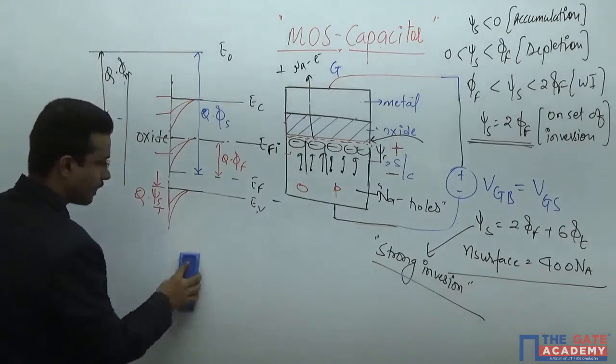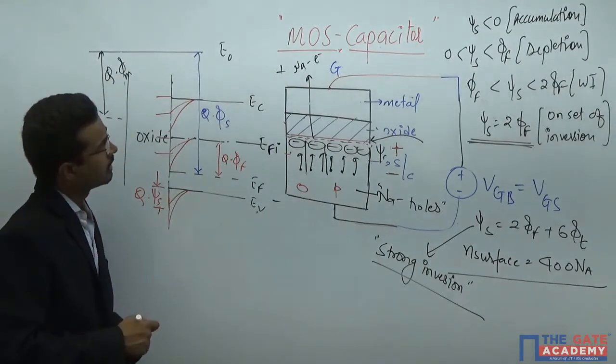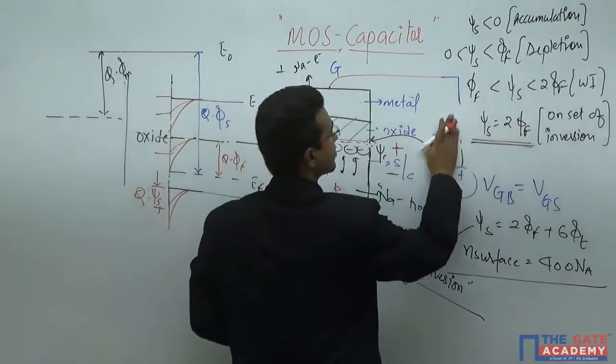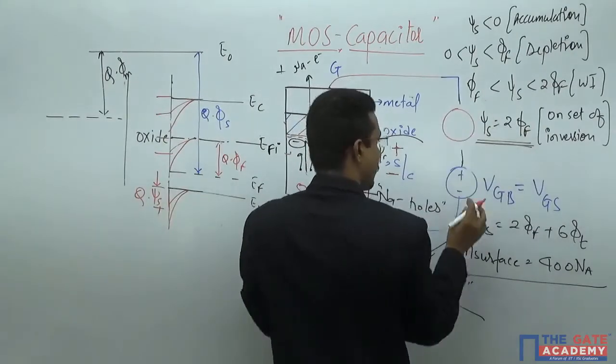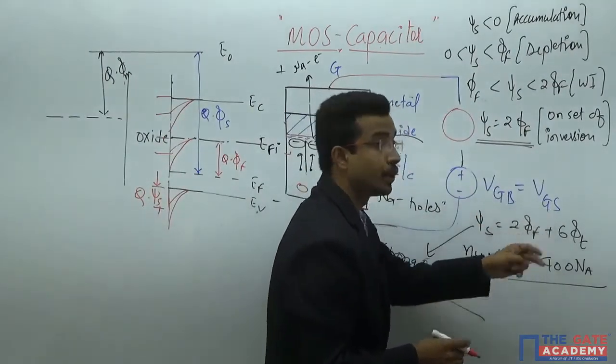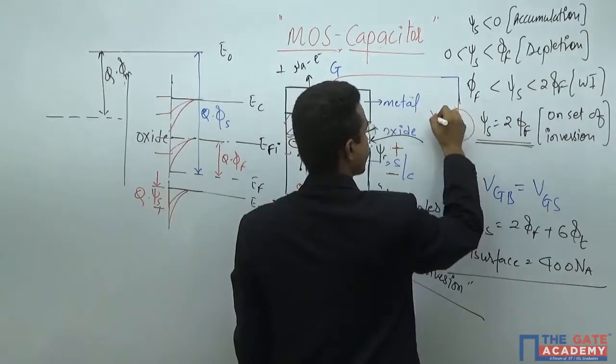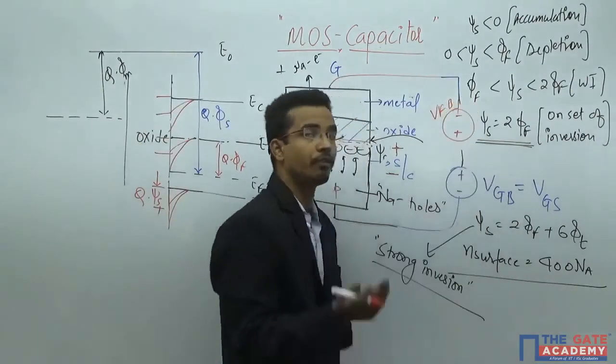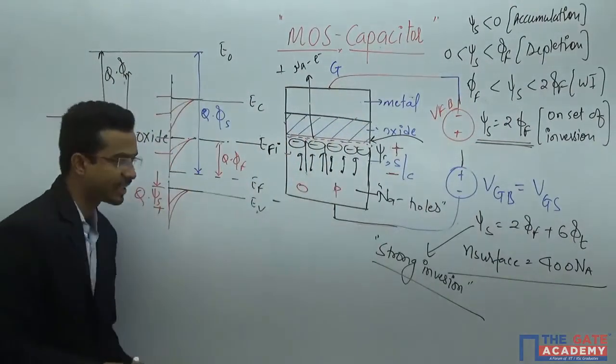Now, if we are trying to manage this also, how much voltage do you have to apply to get the inversion? This is VFB. That means now we will take care of the non-ideality also.